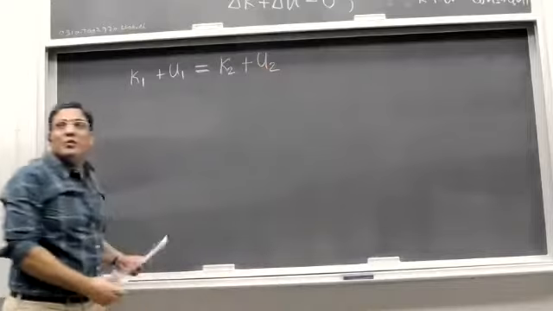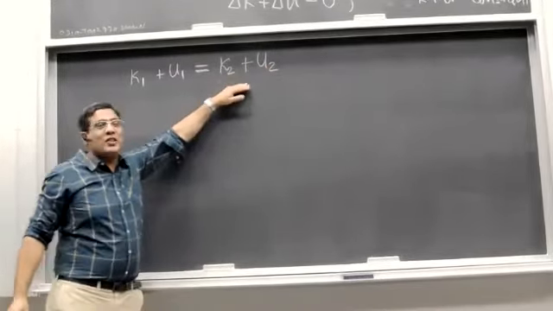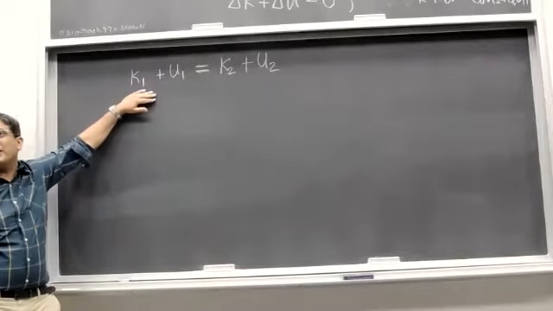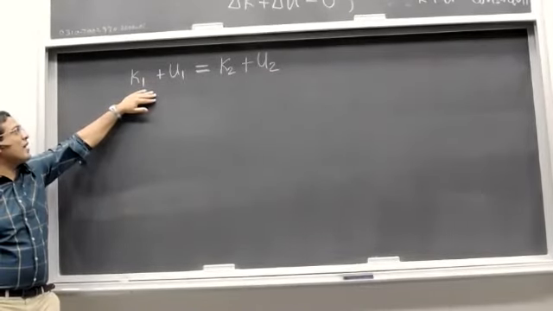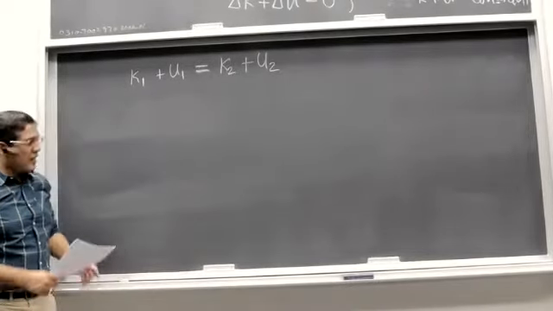Okay, and the sum in the new configuration would always be equal to the sum in the initial configuration. So the sum of the initial kinetic and potential energy is always equal to the sum of the final kinetic and potential energy.